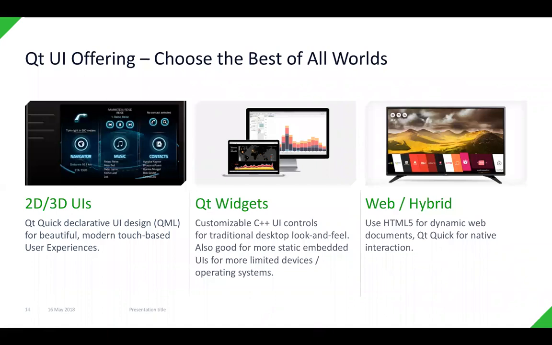We are also providing a very powerful web engine in Qt, based on Chromium. That allows you to render HTML5 and web apps and also integrate the native part with your HTML5 application. We call this the hybrid approach, where you are mixing different types of technologies, C++, QML, and also HTML. So this is all possible.